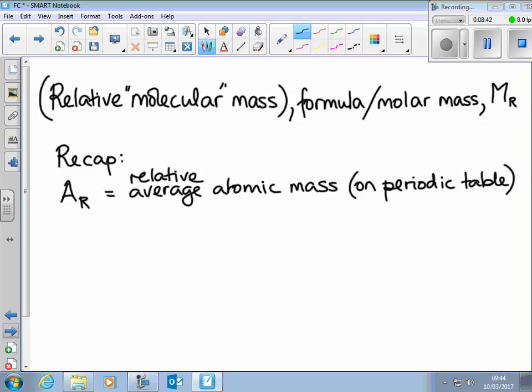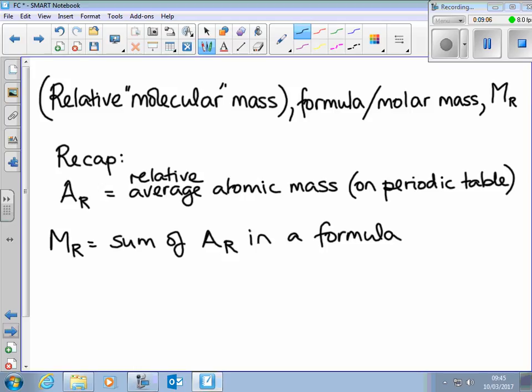So a formula mass, M_R, is the sum of all the atomic masses in your formula. So the sum of those values in any given formula.